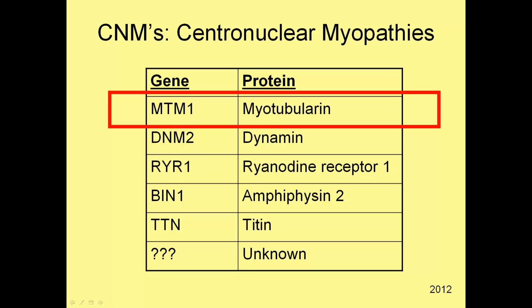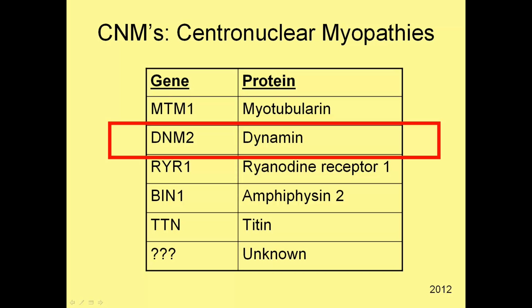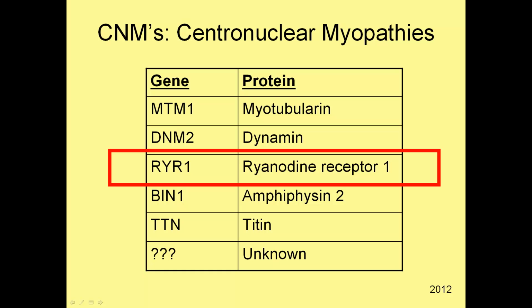So the longest known one is MTM1, which codes for a protein called myotubularin. Next is DNM2, which codes for a protein called dynamin. The next gene is RYR1, which codes for a protein called ryanodine receptor 1.